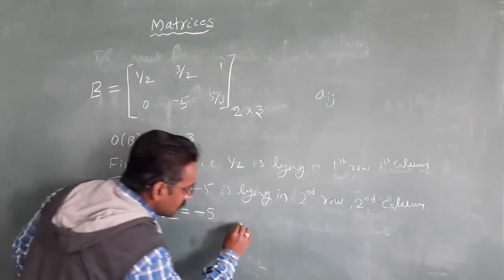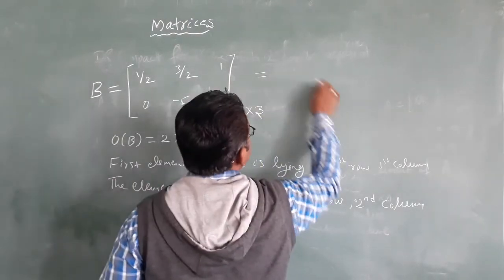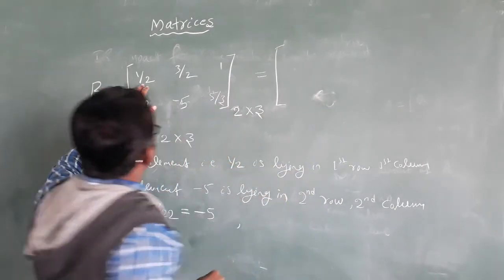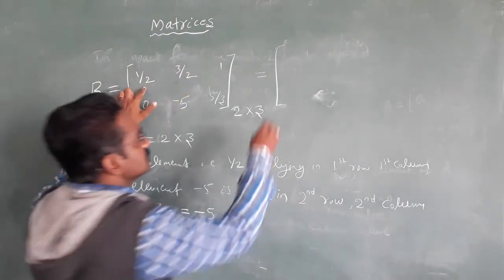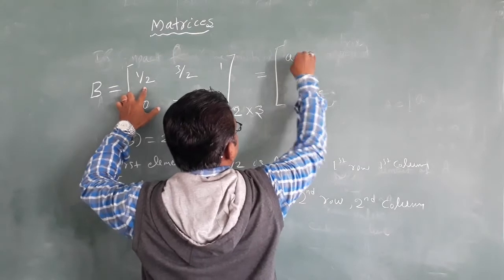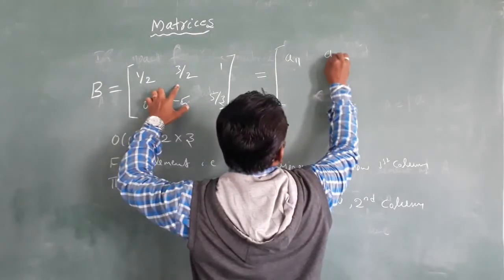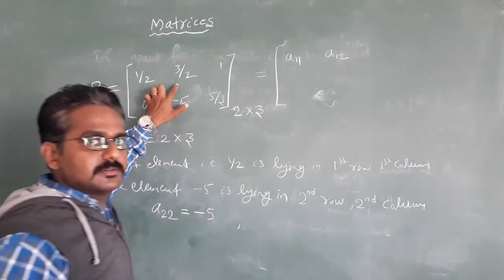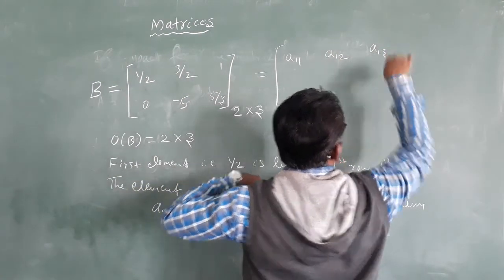Similarly, I can generally write the first element, no? First row, first column. So I can write it as a11. Next, a12, first row, second column. Next, a13.